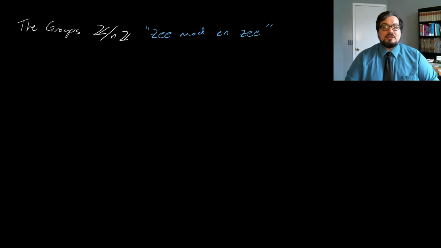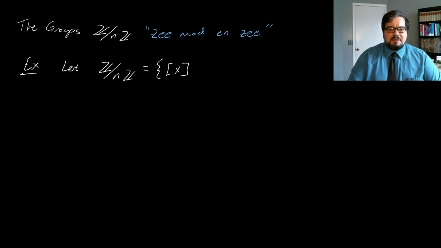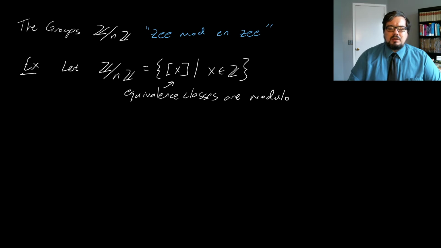This is going to be related to congruence modulo a number that we looked at when we were looking at equivalence classes and equivalence relations. So we're going to let Z mod NZ be, as a set, the set of equivalence classes of X, where X belongs to Z, where here these equivalence classes are modulo n.